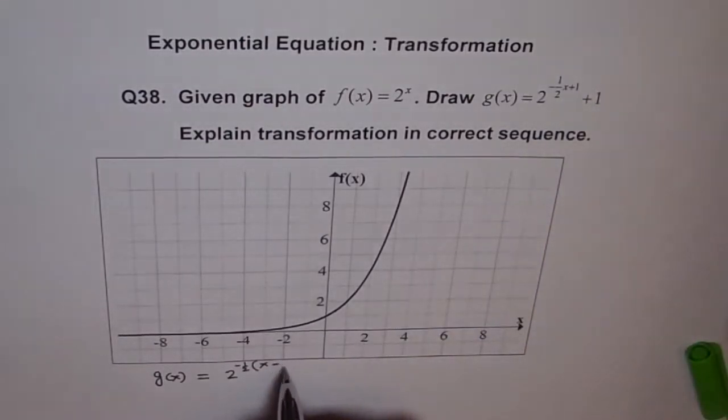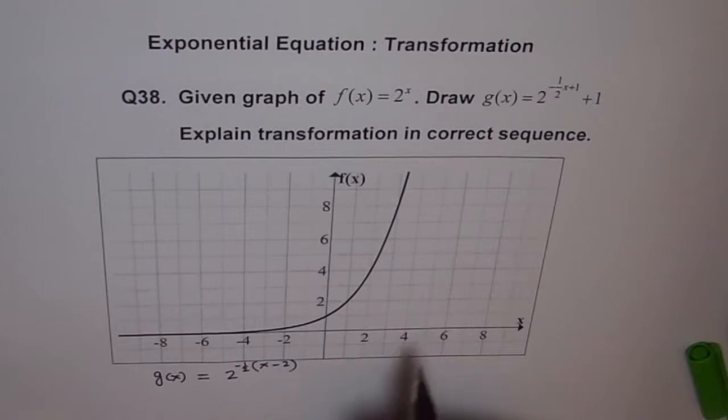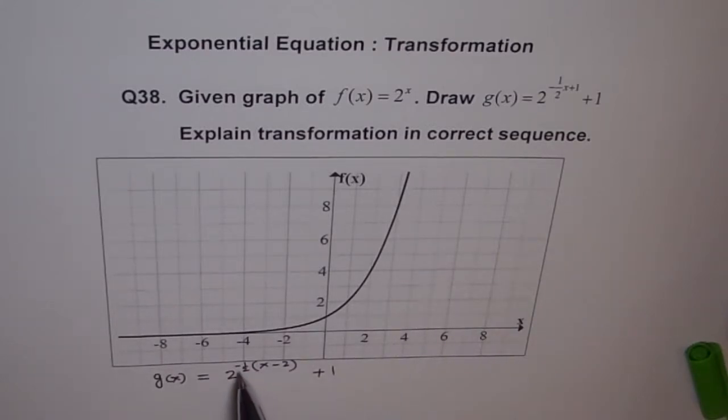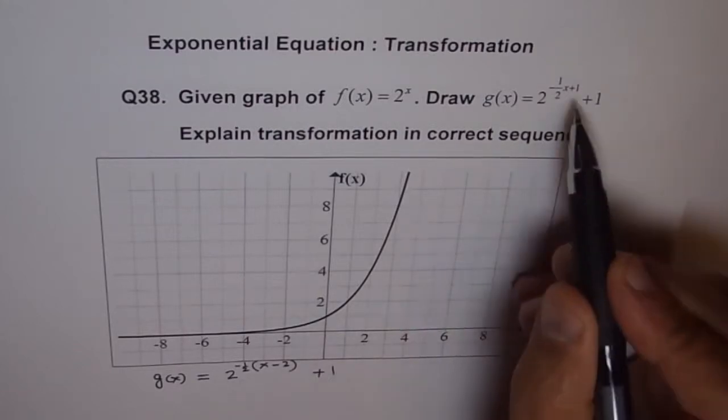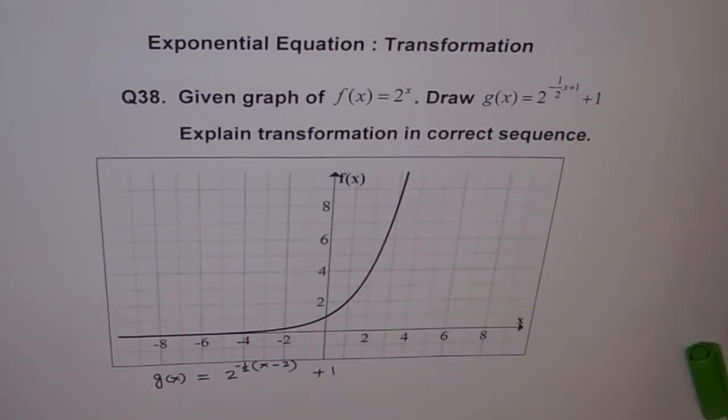So I get minus 2 plus 1, correct? So that becomes my transformed function. You can check your answer by expanding it. When I open the bracket, I'll get minus half x, and minus becomes plus, and 2 divided by 2 is 1. So we get plus 1, correct? Now, that is your function.